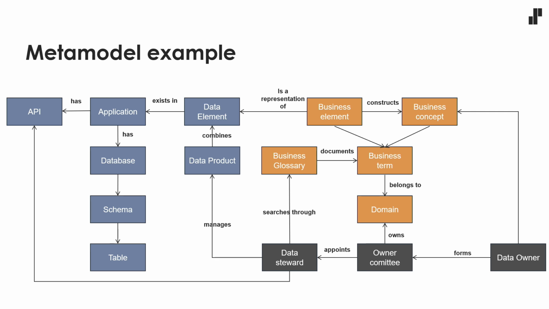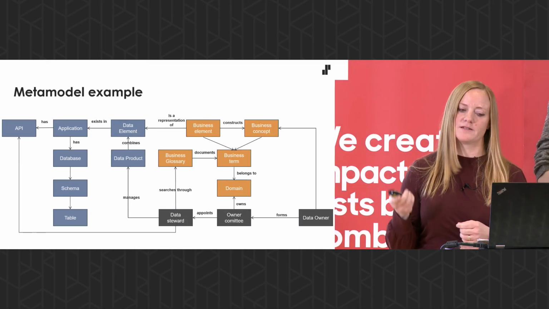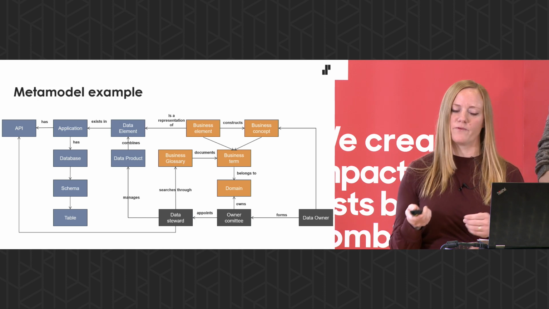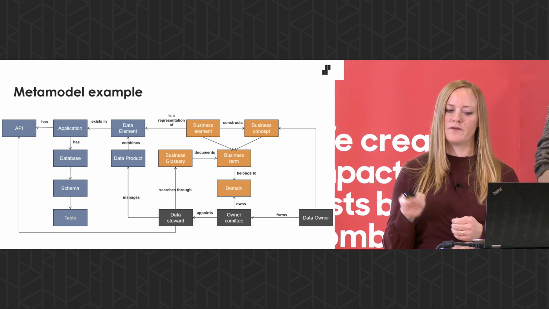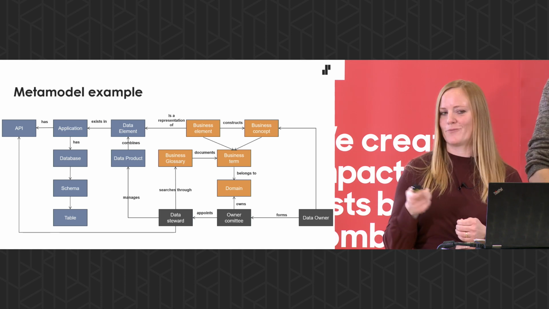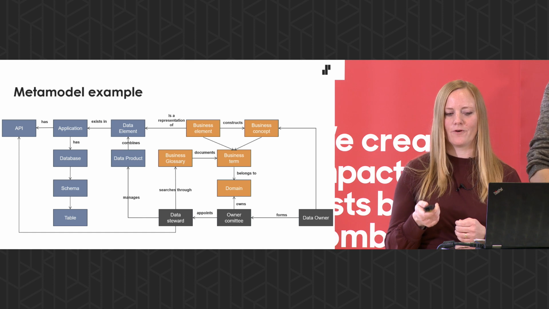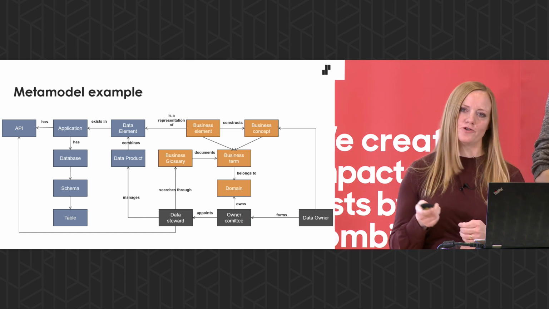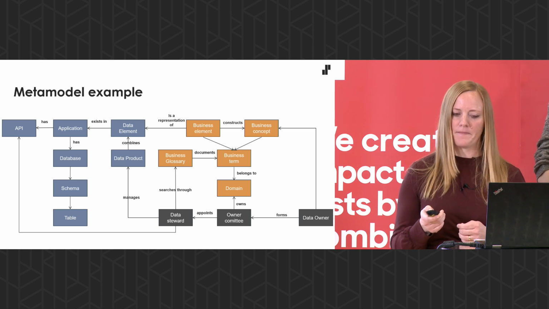They also manage the data products, and they are also connected to the API. So these are the ones that have the overview of what kind of data we have within a specific domain. Normally, we appoint a data steward for one domain only, so one person doesn't have to know all of the data inside the organization. Then we have data owners, data consumers, and many, many more.